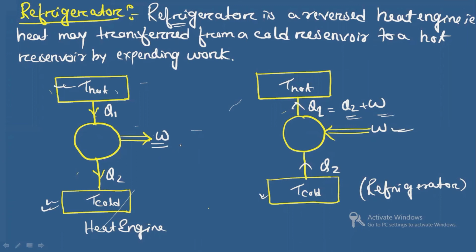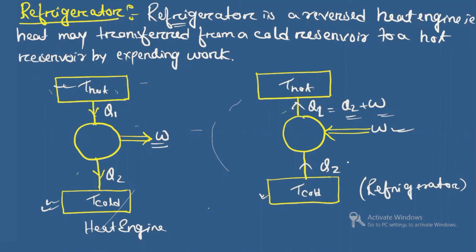You have to remember that in a refrigerator, heat is transferred from the cold body to a hot body by doing some external work. In a heat engine, from a hot body some amount of heat is transferred to the working substance, it does some mechanical work, and then the remaining heat is rejected to the heat sink. So this is how a refrigerator works.